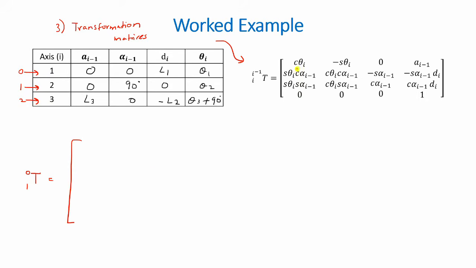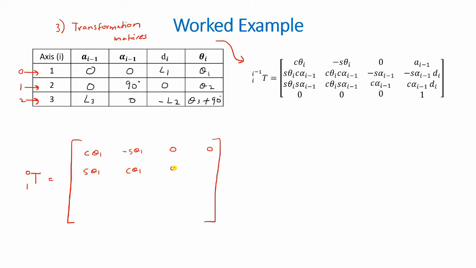Okay, you have cos theta I, which would correspond to cos theta 1. Then it would be minus sine theta 1, 0. AI minus 1 is also 0. Second value, sine theta 1, cos 0, so it would be sine theta 1 when simplified. And this would be cos theta 1.